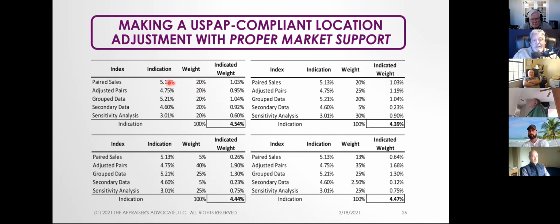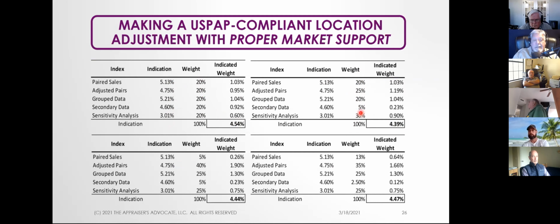In other words, you add all these up and you divide by 5. That would be a location adjustment equals 4.54%. This one, I think Scott and I just played around and threw numbers in here. But the point is, we've weighted them differently, and when you weight them a little bit differently, you get 4.39%.